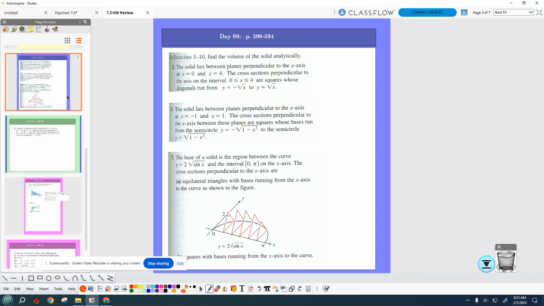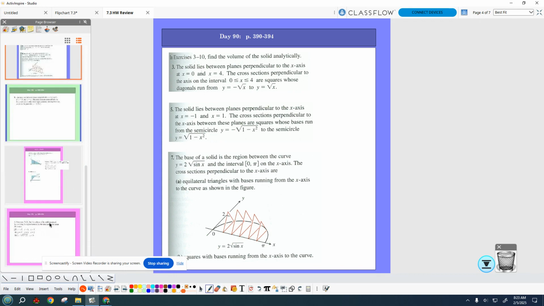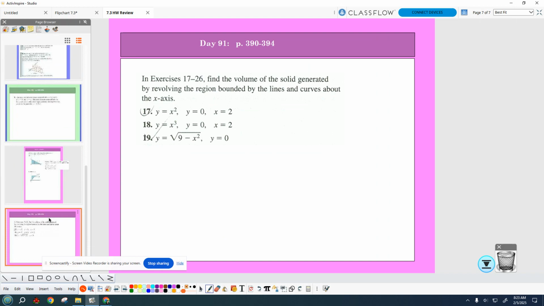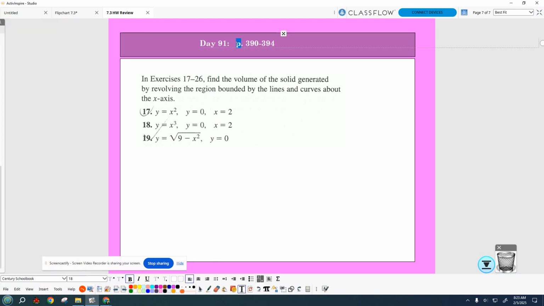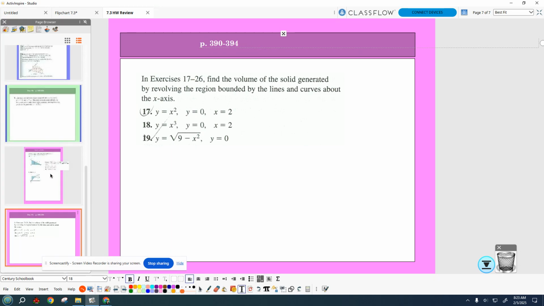Any issues, or do you guys want to start tonight's homework, which I believe is this? Let me check. 392. Hold on, it doesn't start there.